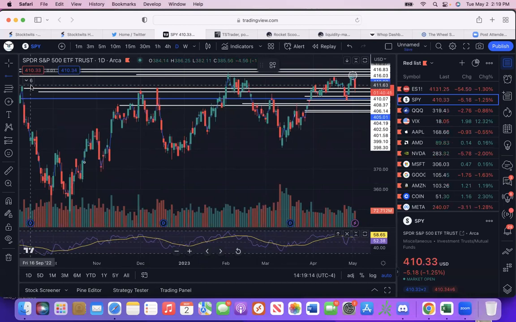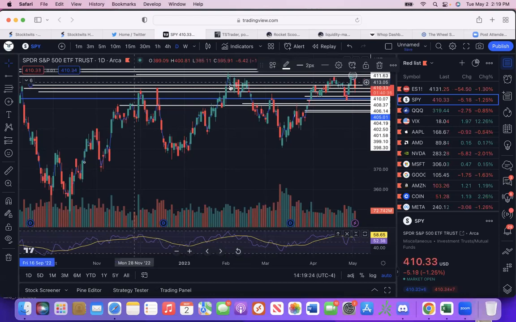Let's see. I like the top wick there. And then you can see going across, we have an opening here. We have a close here, a little wick that went under, a close here, just about under the open, just about under the close, at the open again, and almost at the wick here.